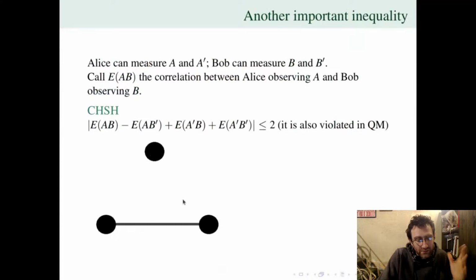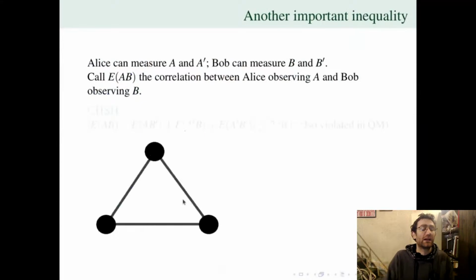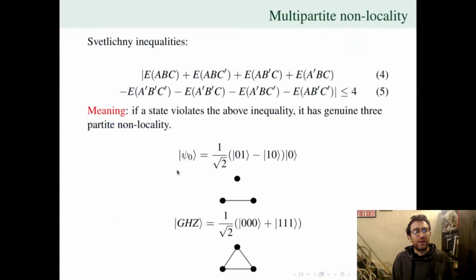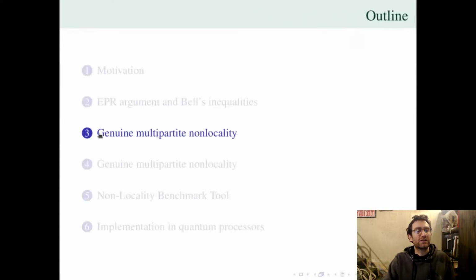Or you might have a situation in which everything is non-locally correlated with everything. So you need to distinguish between these kinds of situations, and the problem becomes more and more complicated when you add more particles. But let's just focus on the 3 particles case for now, and here comes the concept of genuine multipartite non-locality.